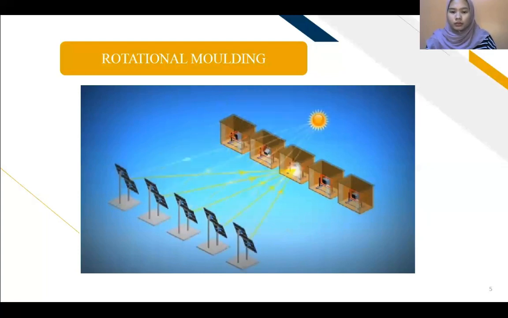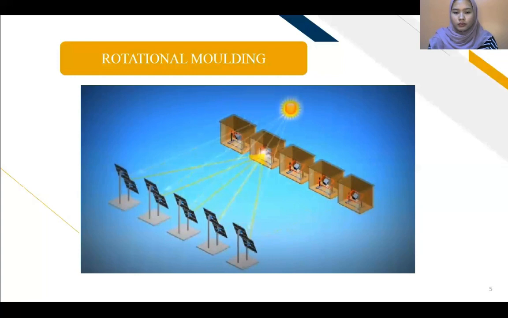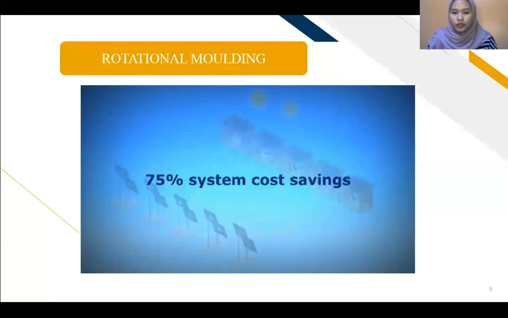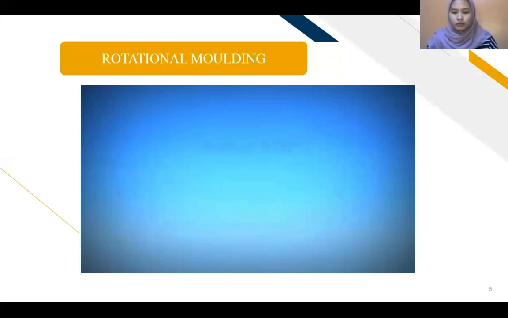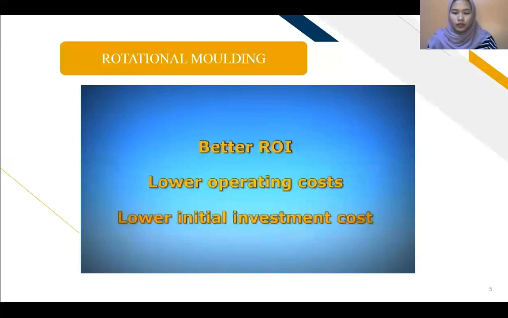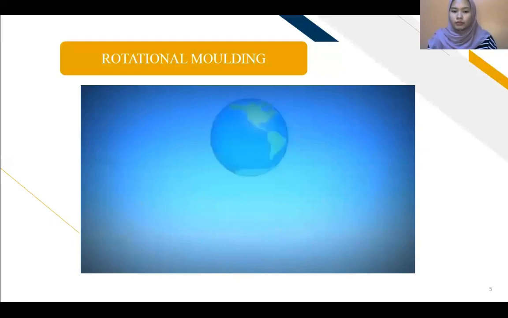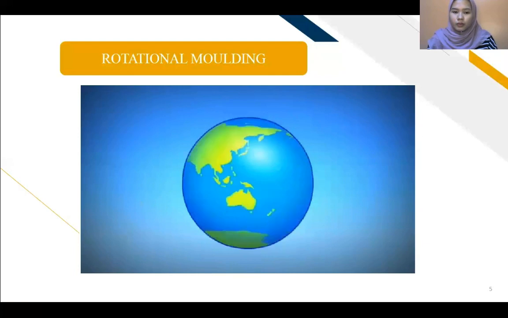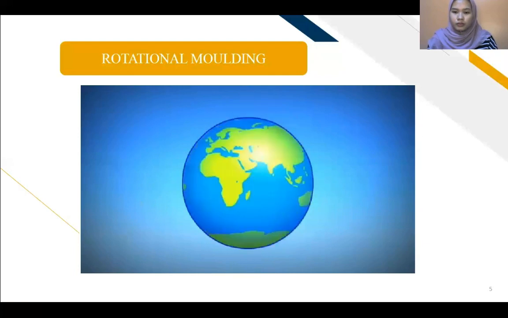We replace costly machinery and fossil fuel energy with cheap, simple machinery and free solar thermal energy. Solar rotational molding systems cost only about 1/4 of what traditional molding systems do. SRM is unique among solar processes in that it offers better ROI, lower operating costs, and lower initial investment than the traditional alternative. So, SRM doesn't rely on government subsidies. It's competitive from the get-go.